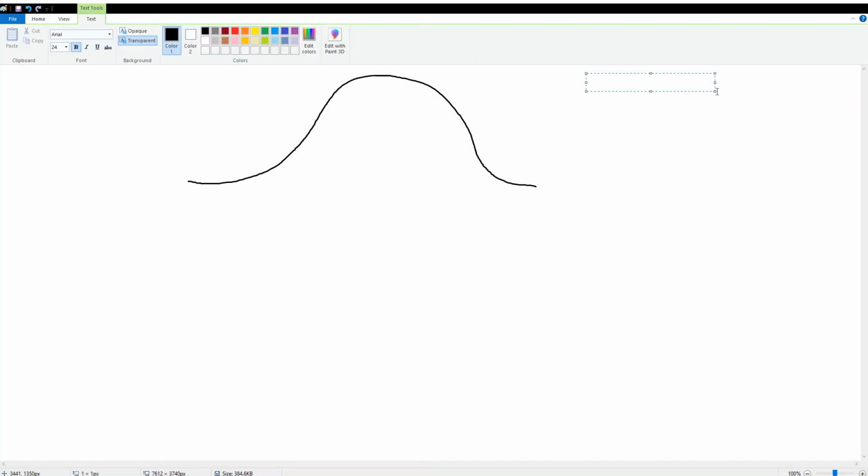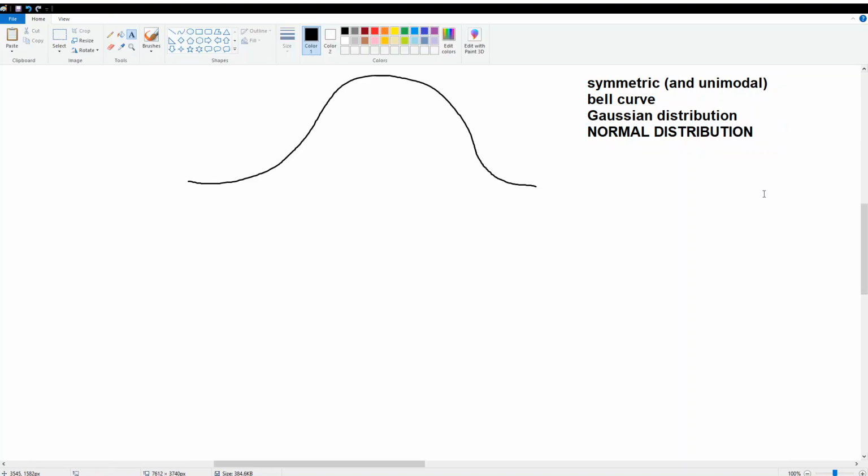We can call it symmetric and unimodal, because it's symmetric. Unimodal means 1 peak, also known as a bell. It's sometimes referred to as the Gaussian distribution. Most commonly, we call it the normal distribution because it looks normal, as the name implies.